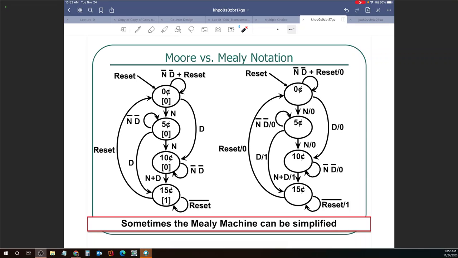That means they are dependent on the states, but they are also dependent on the input directly. And the good news is with a Mealy machine, you will have situations where you can simplify the design even further. That's the best news here. And we will explore how we can simplify designs with a Mealy machine in just a bit.